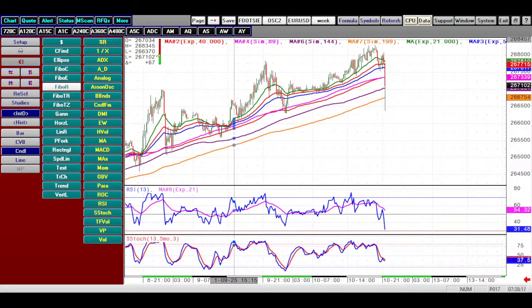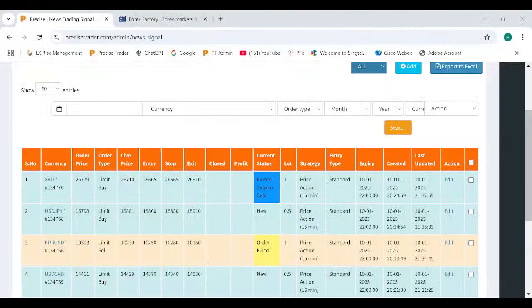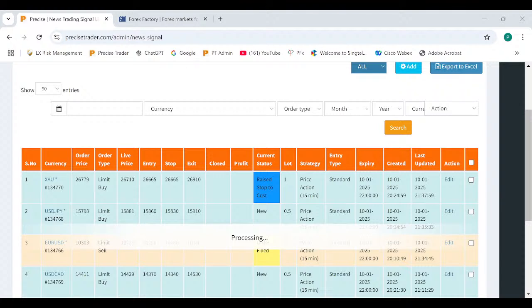So the dollar yen is still not filled. So we only have gold and euro. Let me share with you that. The dollar yen is still working. We are trying to buy at 158.60. But euro we have shorted at 50. Gold we are long, making about 50 pips.